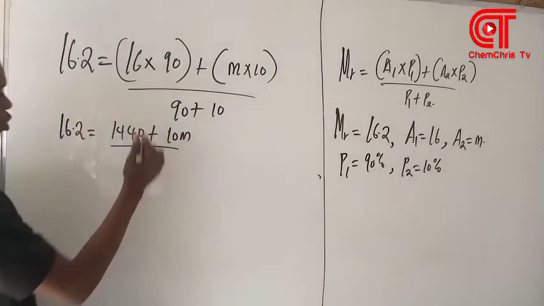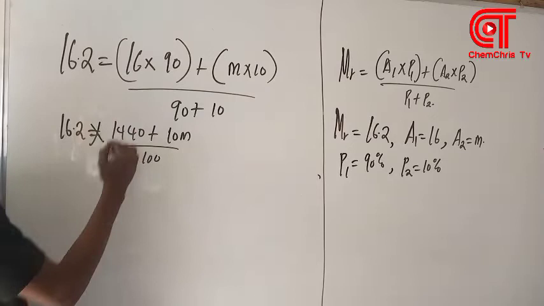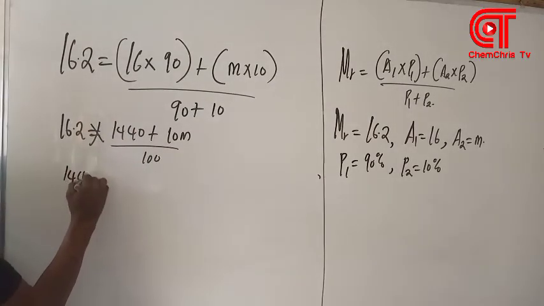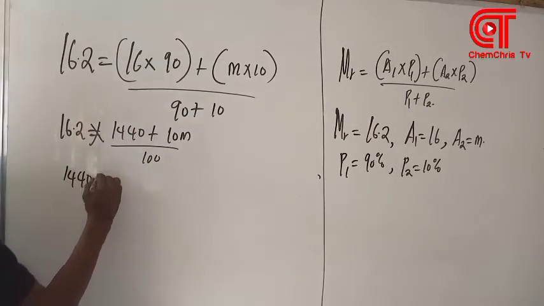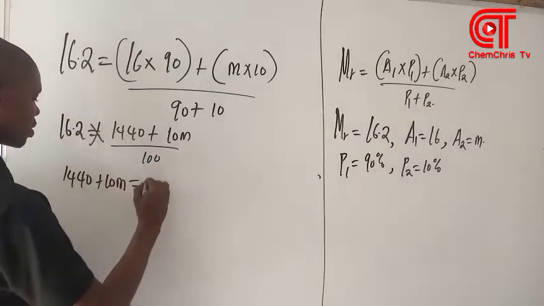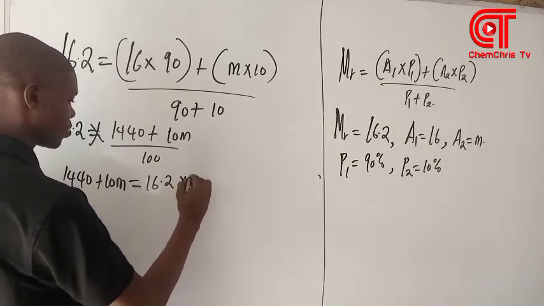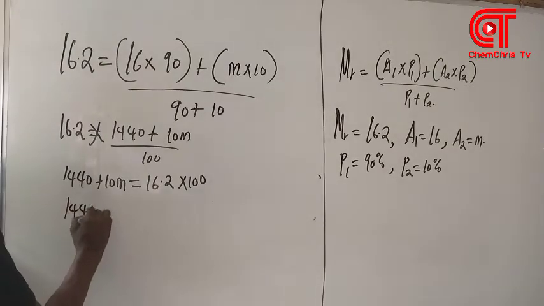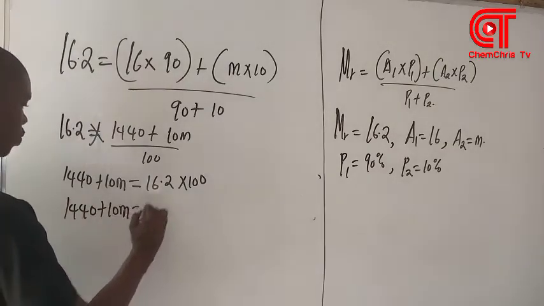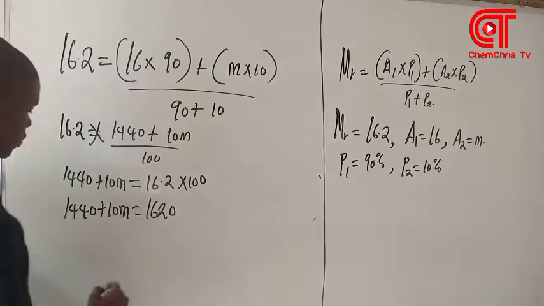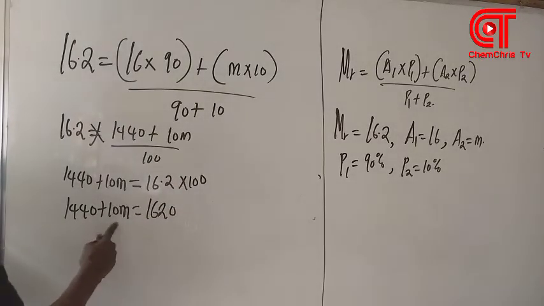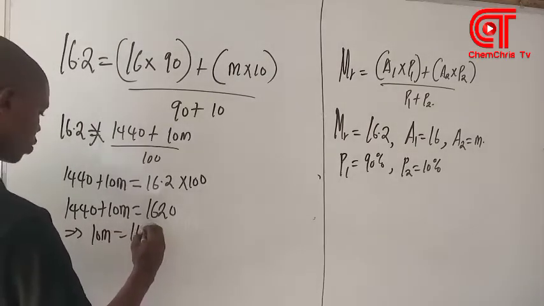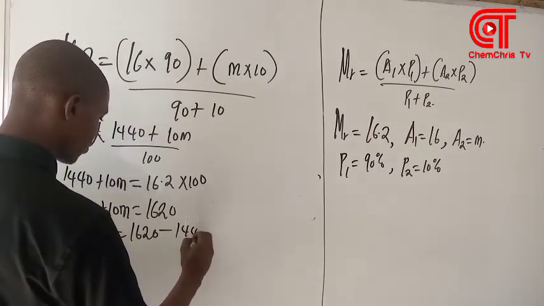Now when you cross multiply here we have 1440 plus 10M equals 16.2 times 100, which is 1620. So making use of the formula here, we have 10M equals 1620 minus 1440.